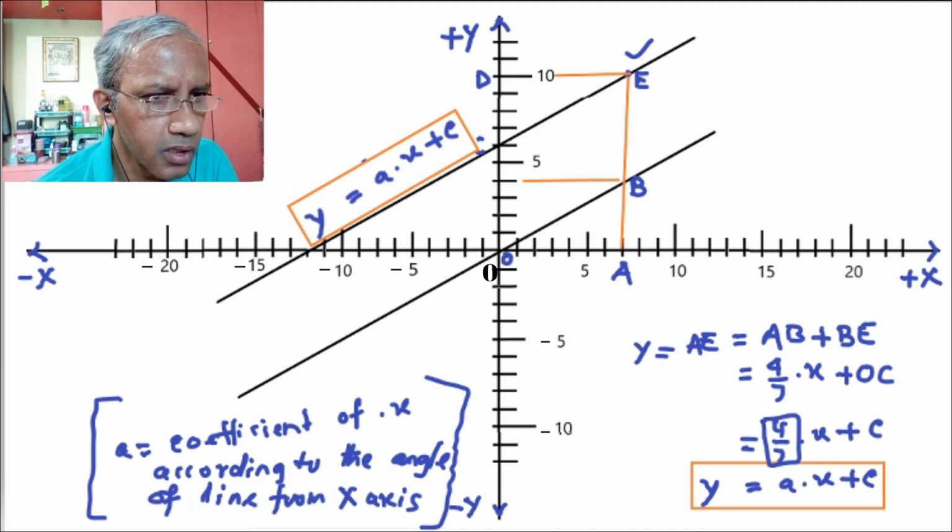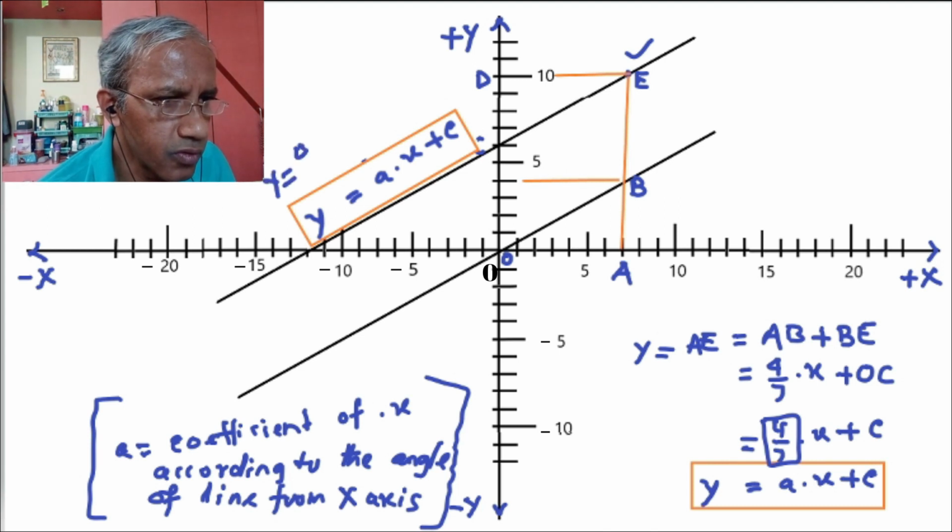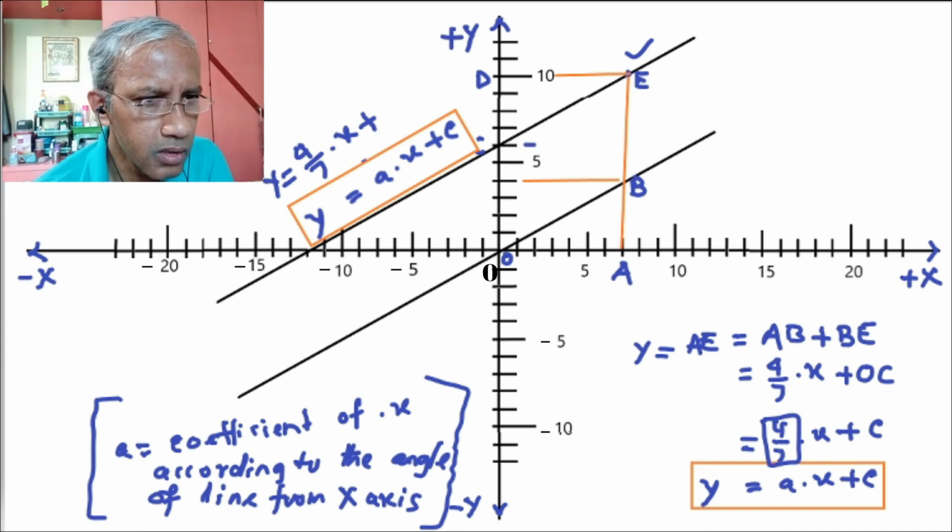So we can write y to be equal to 4/7 into x plus c, where c is equal to 6.